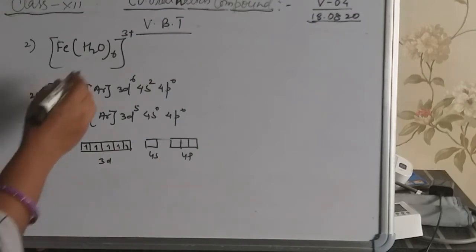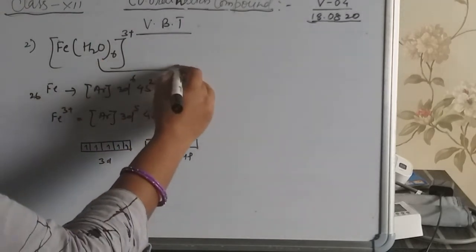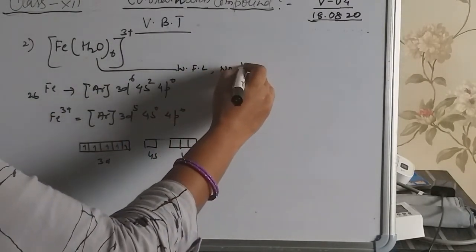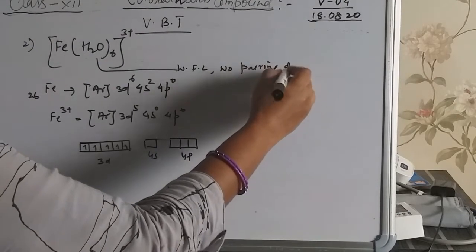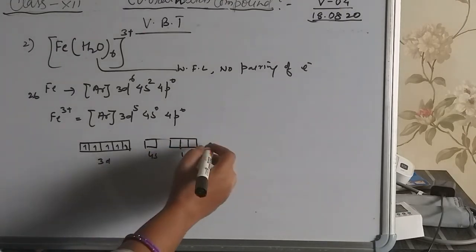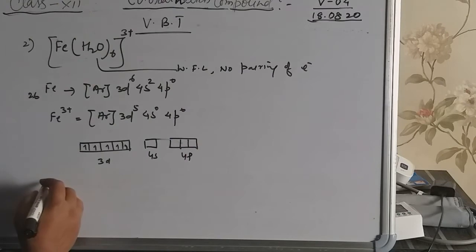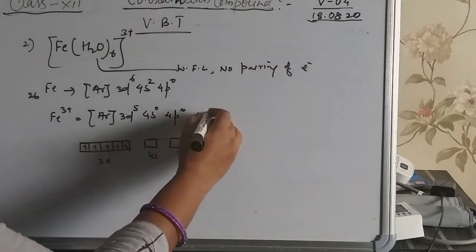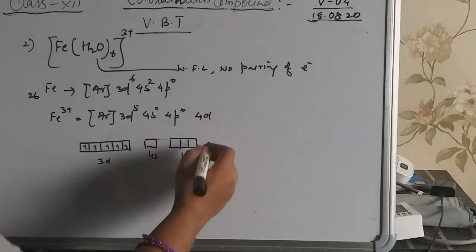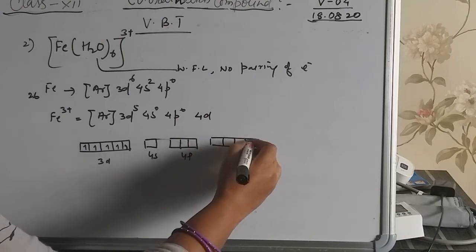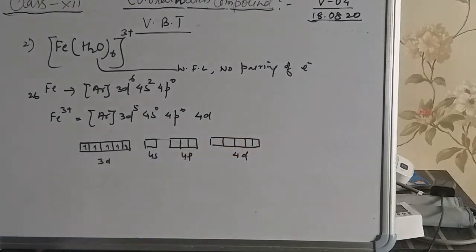As H2O is a weak field ligand, no pairing of electrons takes place. In that condition, how can we find out the hybridization? In the 4th shell, the 4d orbital is also present, so 4d is also available.